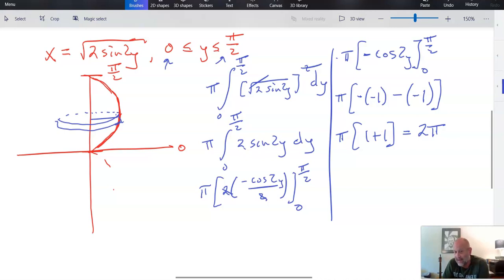Notice once you get it set up, the calculus isn't any more difficult than anything else we've done. It's the same stuff that we've done all this time. The difficulty is being able to see this, right, and knowing what this looks like. Even if you don't know what it looks like, oftentimes you can just draw an arbitrary function if you happen to know some of the endpoints. Like we can calculate what this is.